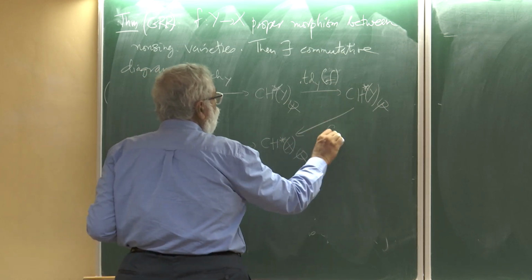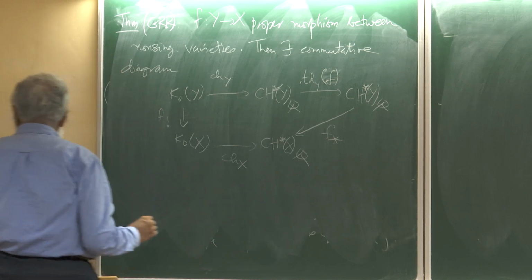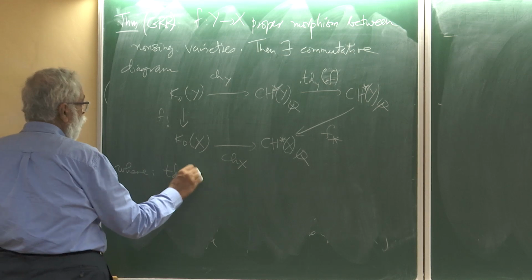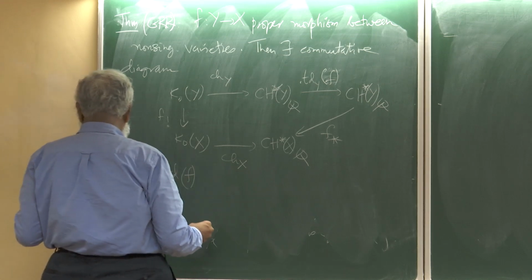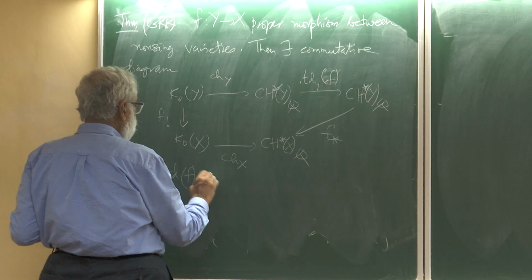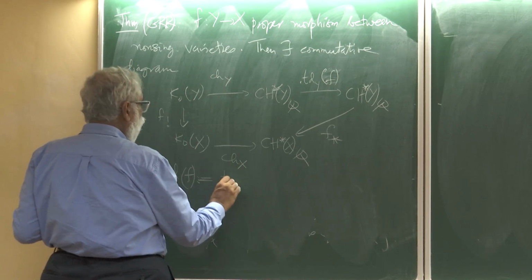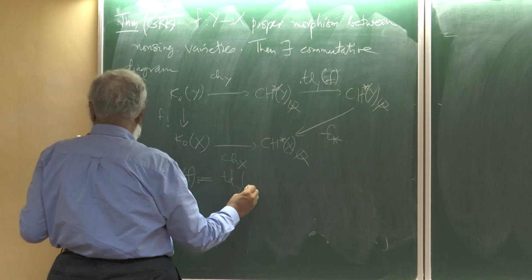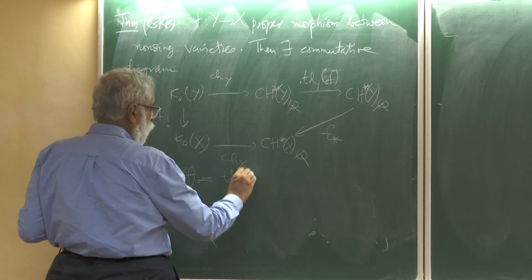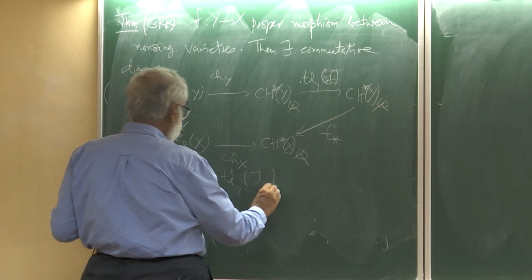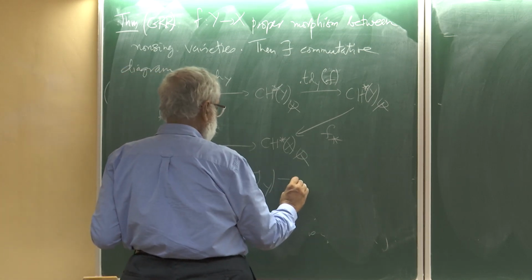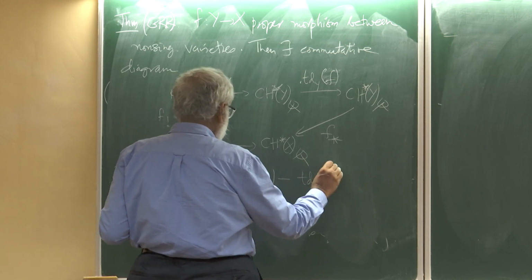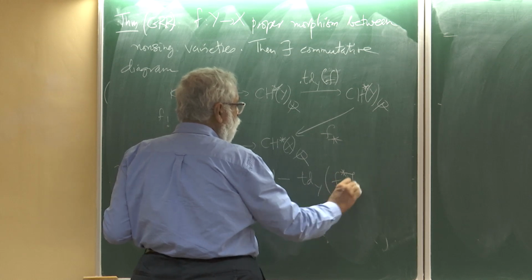And then here I take f lower star. But now what is tau f? Let's take tau of y of the tangent sheaf of y, minus, I can write like this, tau y of f upper star of the tangent sheaf of x.